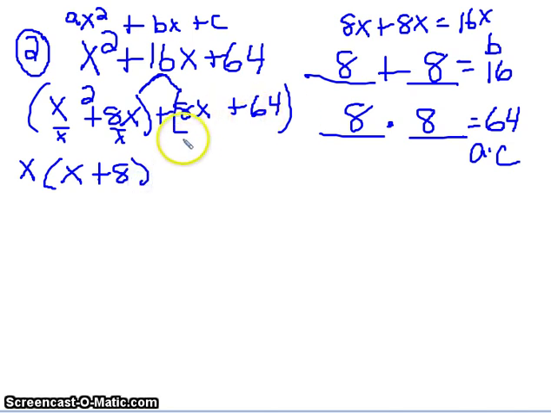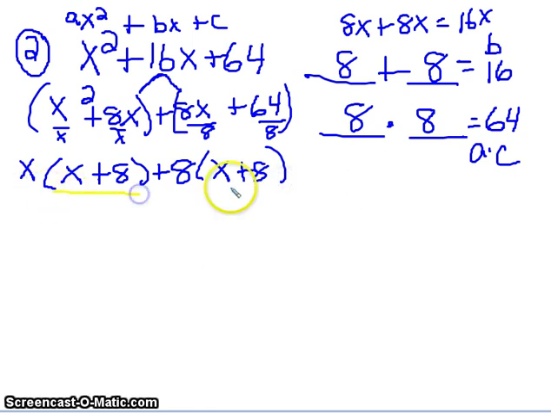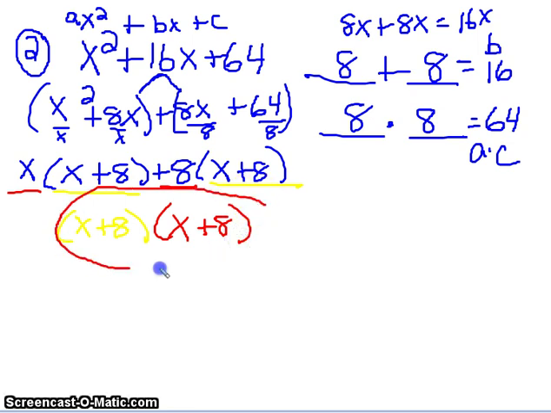My GCF of the second two is 8, so I can factor out that 8, and if I divide both of these by 8, you are left with x plus 8. What they share is the x plus 8. What's left over is x plus 8. So these are going to be the two binomials that we factor into.